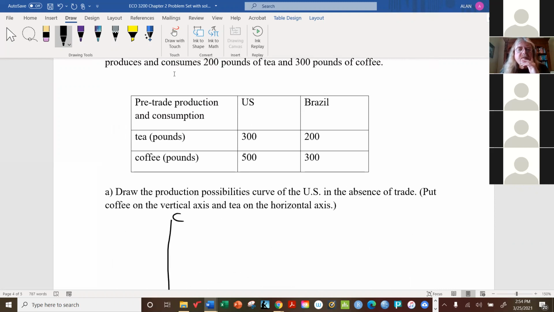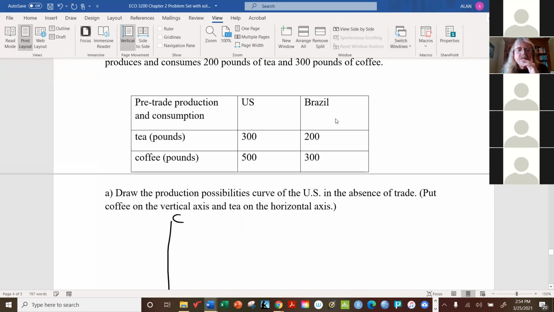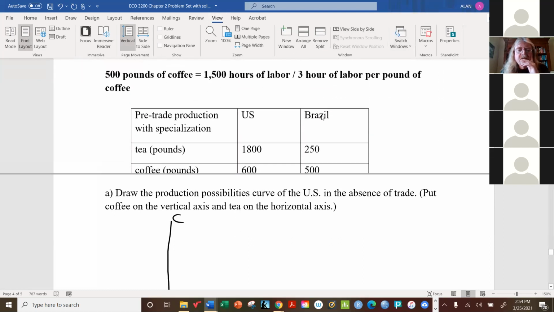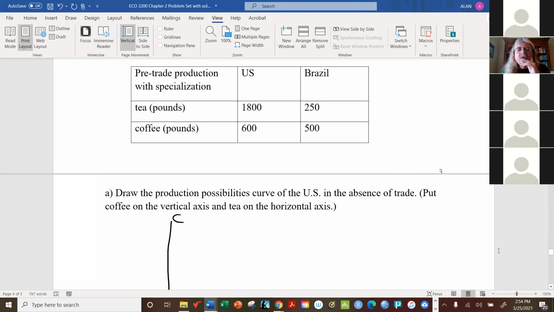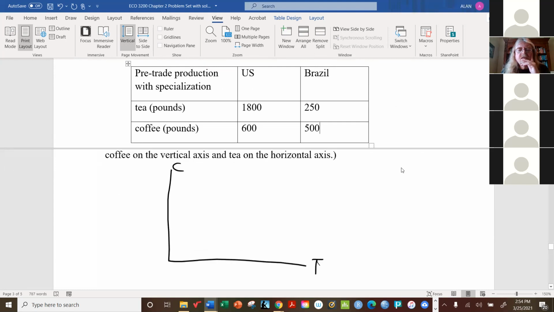All right, so first let me split up the screen so we can see the chart that we need, which is not this one, but this one. This is going to show me where my intercepts are. On the vertical axis with the coffee, the US can start at 600.